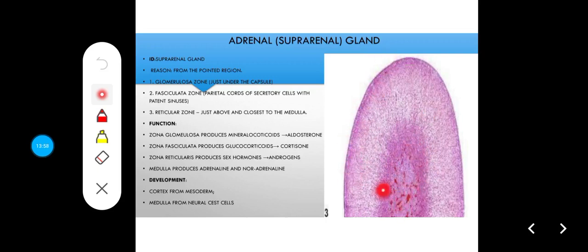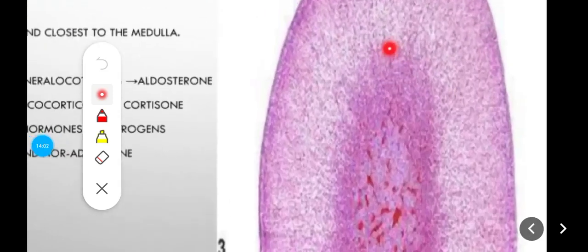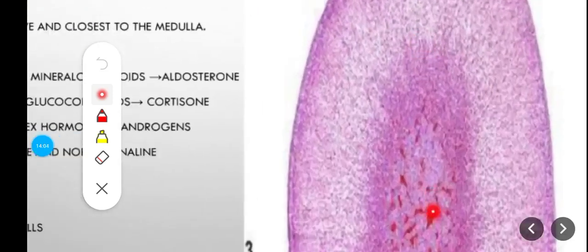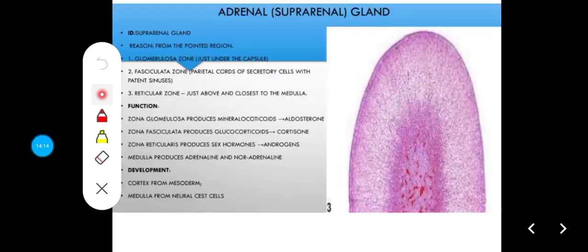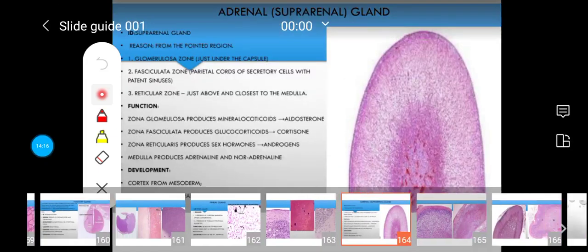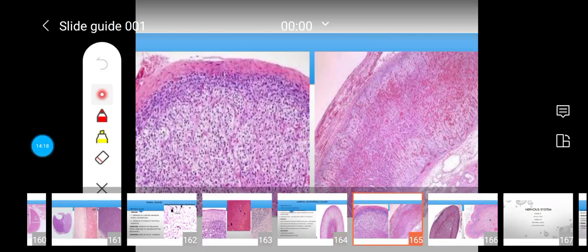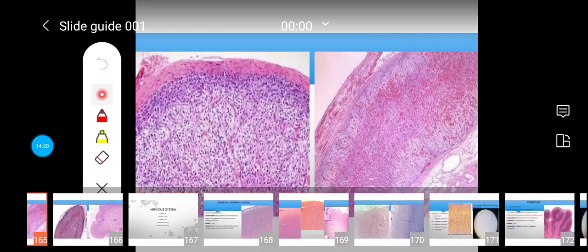The medulla contains numerous sinusoids. These red structures here represent the sinusoids. You don't see something similar in the CNS, in the cerebrum. So the slide of the cerebrum is easy to identify.